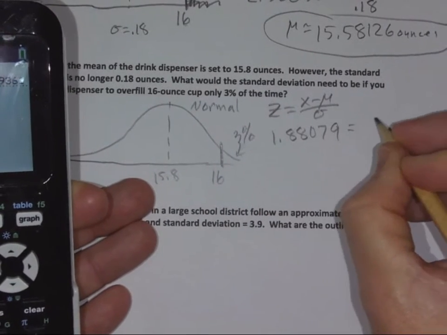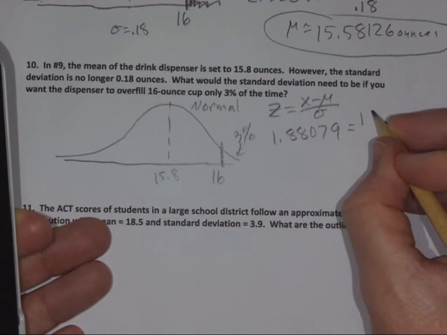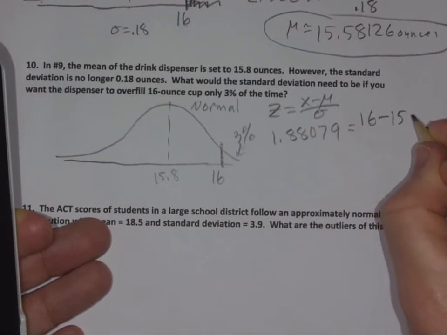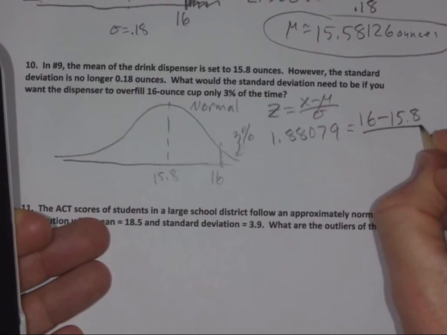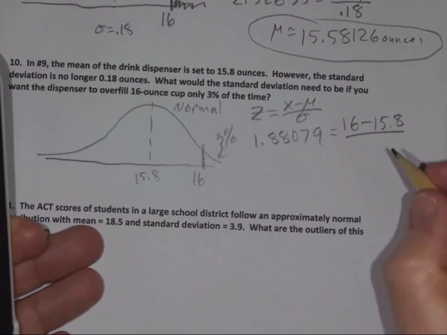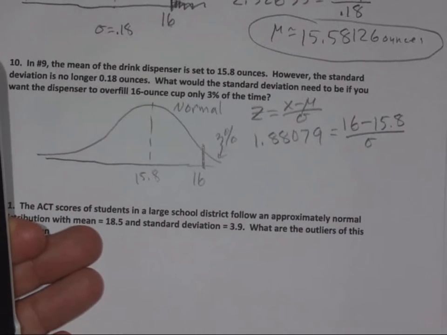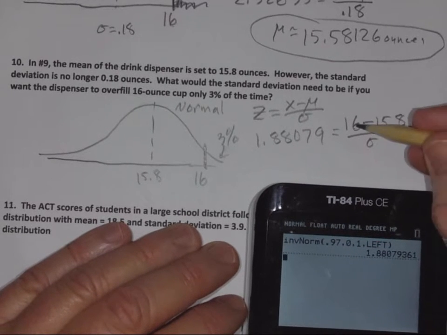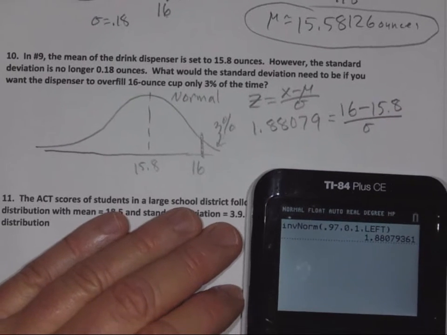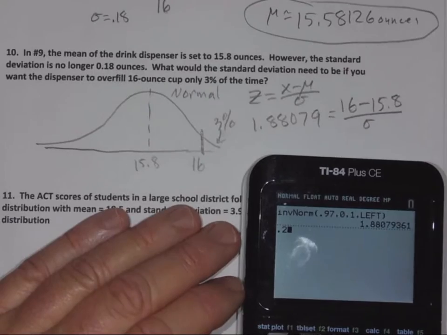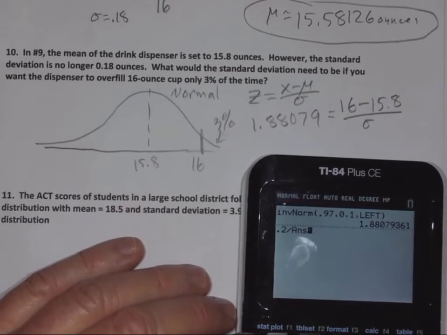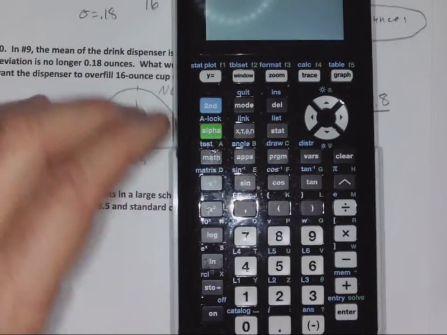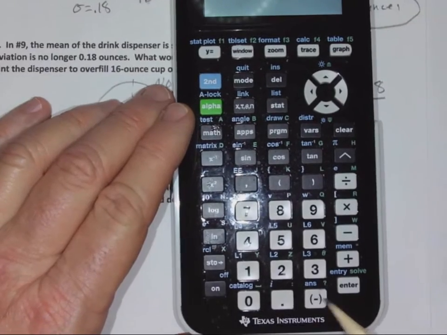So 1.88079 is equal to 16 is my x value, 15.8 is my mean, and then my standard deviation is what we're asked to find. So when I use my algebra skills in this regard, 16 minus 15.8 is 0.2. So it's going to end up being 0.2 divided by the answer, which I can get by doing second and that button right there.